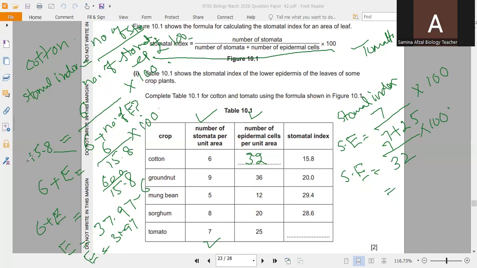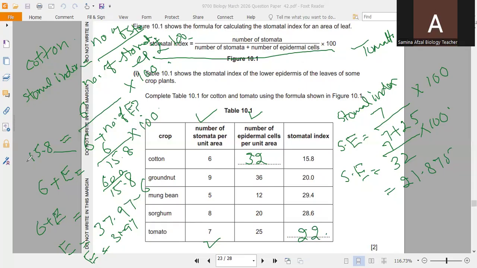It is nearly equal to 21.875, or you can write it as nearly equal to 22.